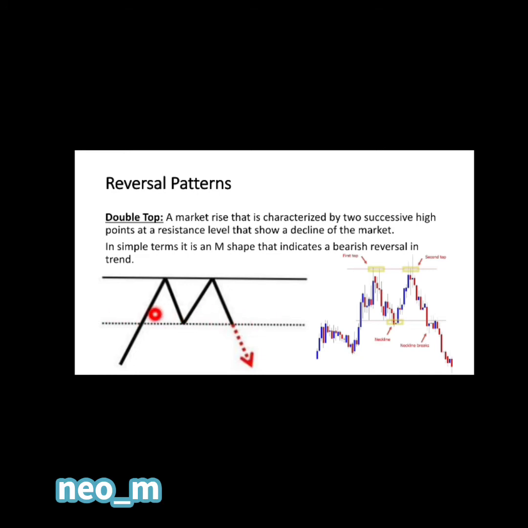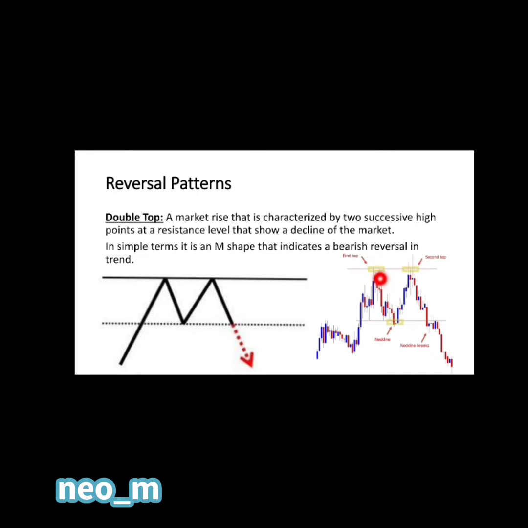So we'll talk more about entry levels as time goes by. But in order for you to enter, you have to wait for a breakout of a neckline, alright? This dotted line is actually called a neckline. So in order for you to enter, you have to wait for a breakout of a neckline.